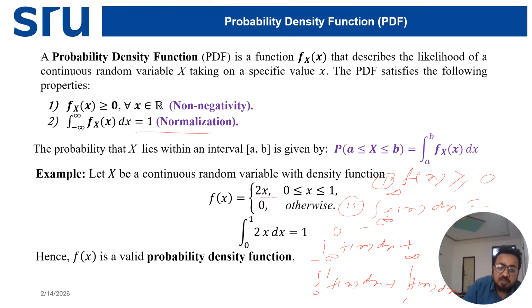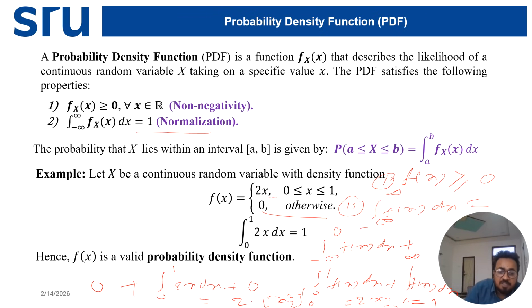So here you can see that the value of this function outside the interval is 0 as given here, right? So first will be what? This is equal to 0. Second one equal to what? f of x for x lying between 0 to 1 is given to you, the integral from 0 to 1 of 2x dx, and the next term equal to 0. So now when we integrate these terms, we will get 2 of x square by 2 from 0 to 1. So this is nothing but 2 into 1 by 2, this is equal to 1.